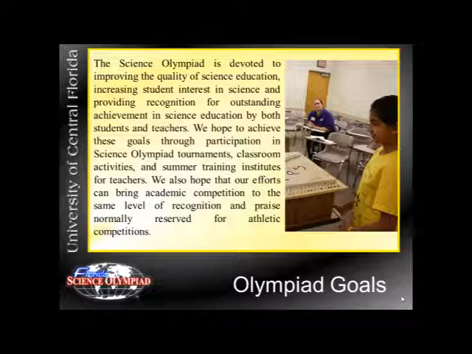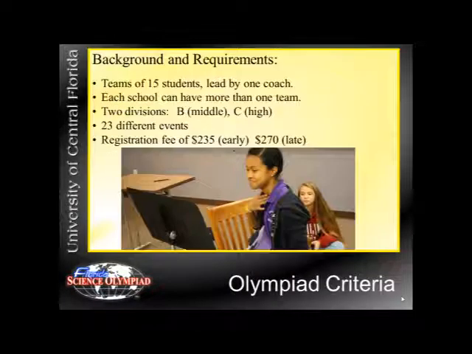You're going to see on the registration materials that there are two divisions: B events, which is the middle school, and C events and C teams, by the way, that are high school. So there will be team numbers that either start with B or start with C, and this just references whether they're a middle or high school.